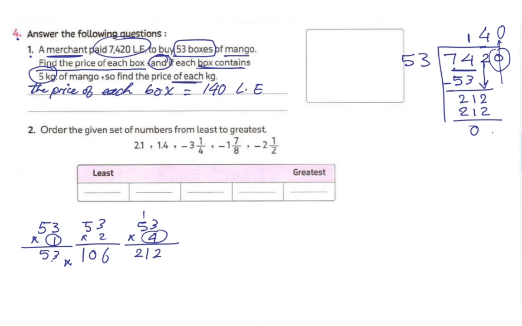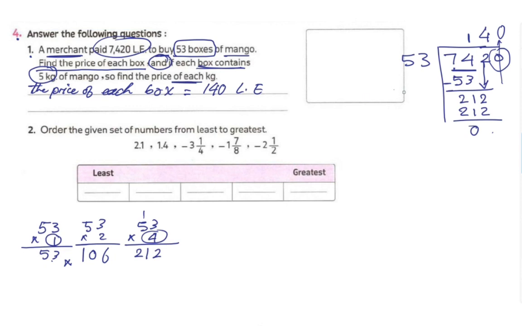Okay, now I know the price of the box, 140. This box contains inside it 5 kilograms. I need to find the price of 1 kilogram. What could we do? Divide the price of the box by the number of kilograms to find the price of 1 kilogram.